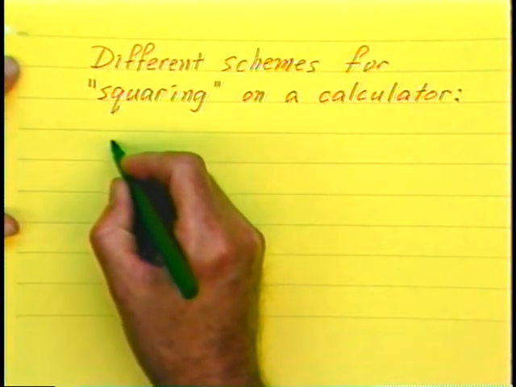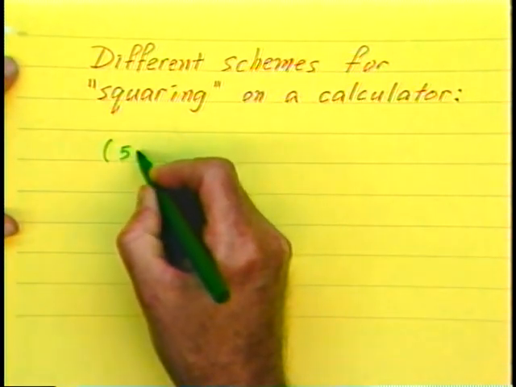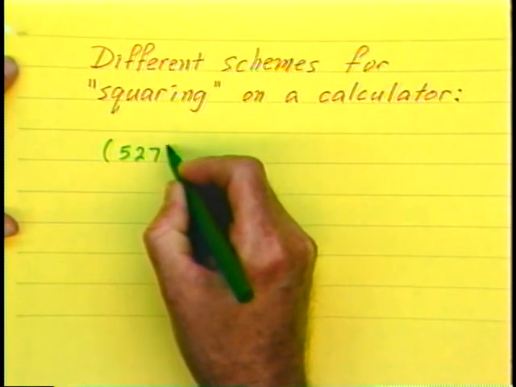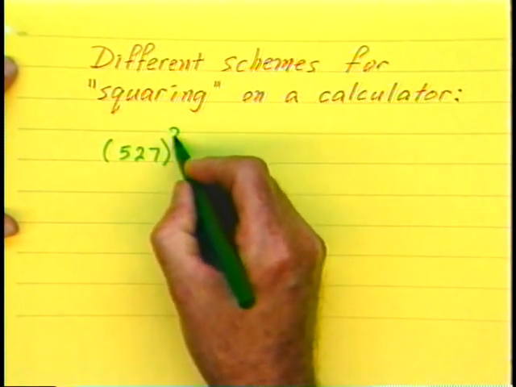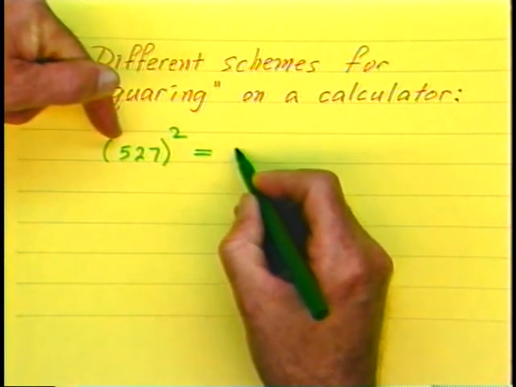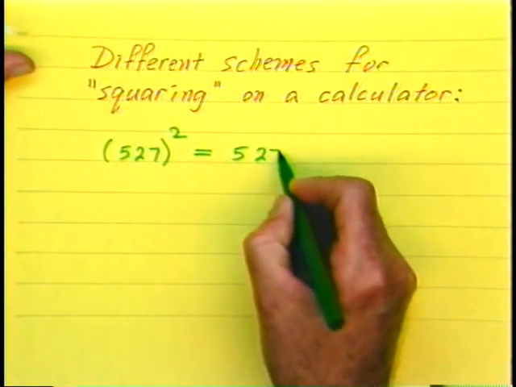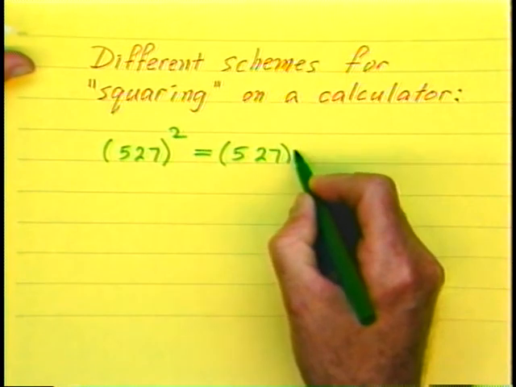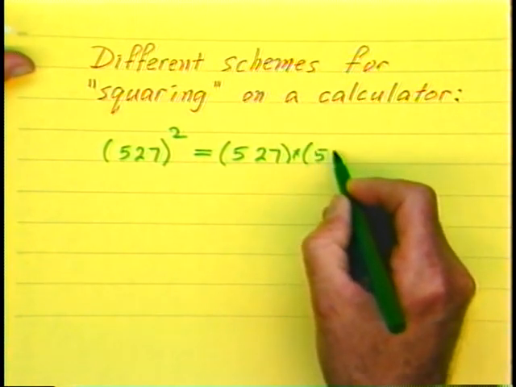First, recall that if you're trying to square a number, this means you take two of those numbers and multiply them.